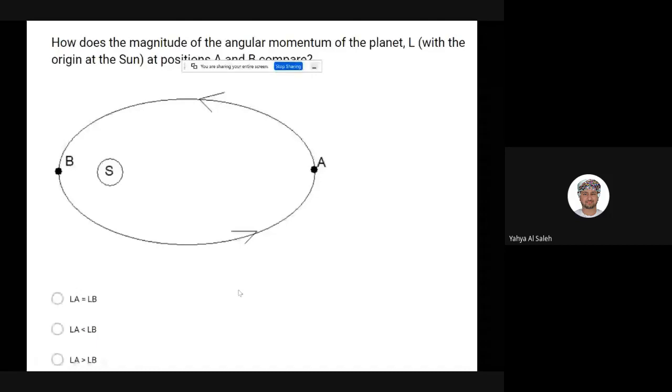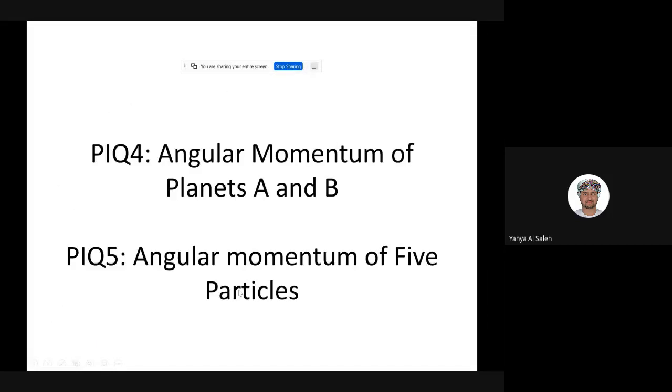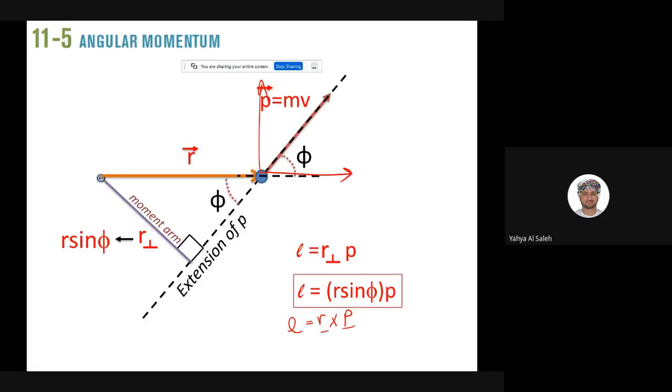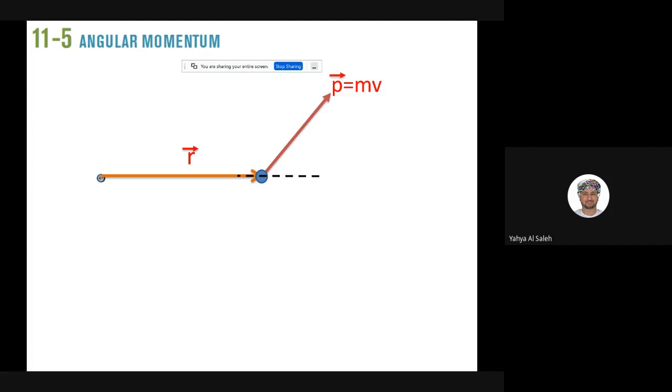Indeed, angular momentum is a conserved quantity, just like linear momentum.